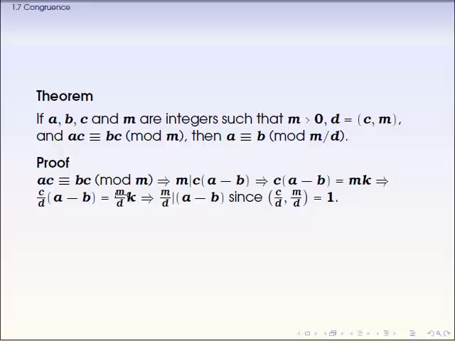So since m over d is a divisor of this whole thing, it should be a divisor of a minus b because there is no common divisor with c over d. That's the conclusion we have. Once again, m over d is a divisor of a minus b, which means a is congruent to b modulo m over d. That's how we got this result.